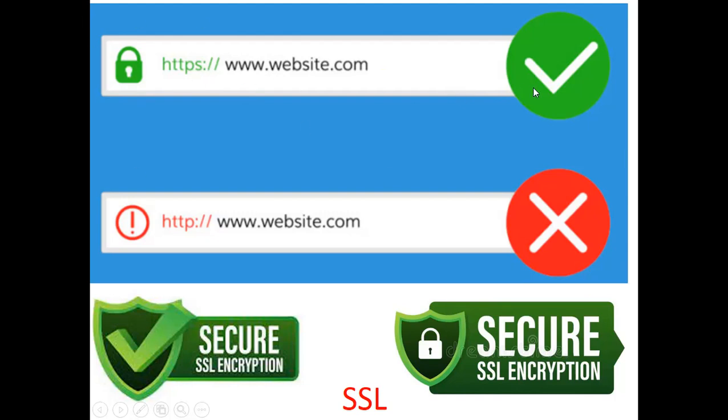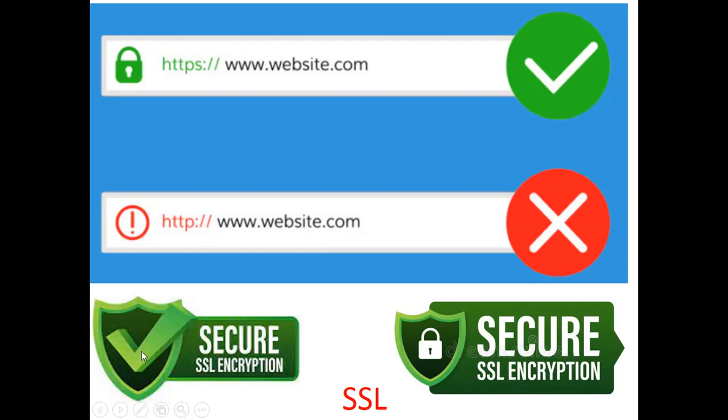It is very important. If a website does not have the S, that is, it does not have any security, we have to avoid it. We should avoid it for data exploration also. We should not explore any data from these unsecure websites.